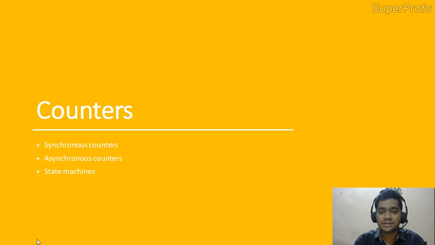But in the asynchronous counters, we are not giving the clock pulse simultaneously. We apply a clock pulse at one flip-flop and the clock pulse for the next flip-flop would be the output of the previous flip-flop. Okay, then we are going to see the state machines. So let's start with the counters.